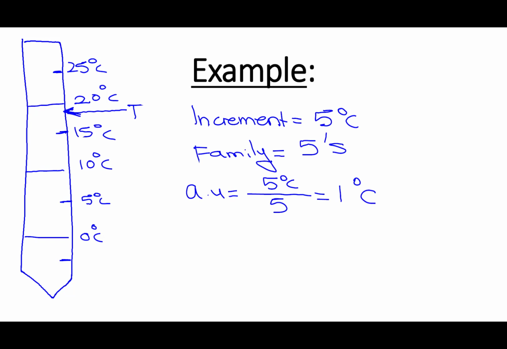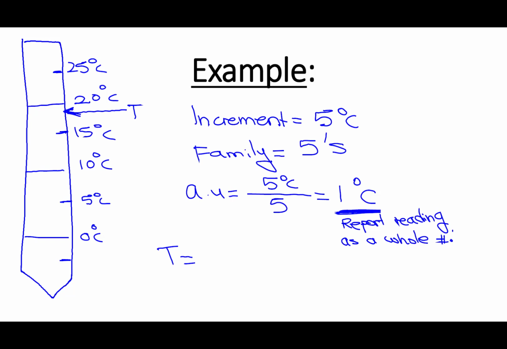Again, just like the previous example, you have to report your reading as a whole number, which means with no decimal on it. So now look at the temperature. The temperature is somewhere between 15 and 20. Again, not on 15, it's not 20. Somewhere in between.